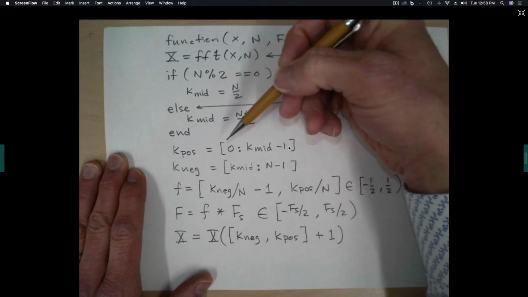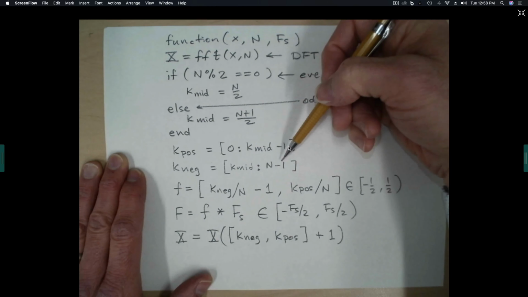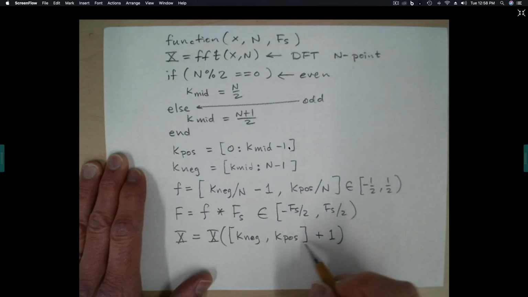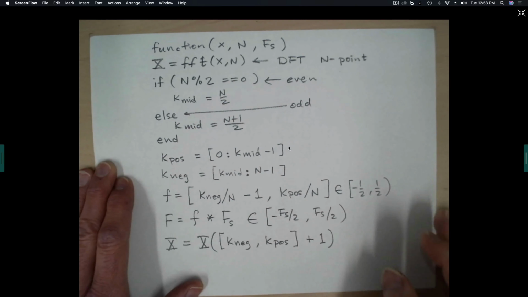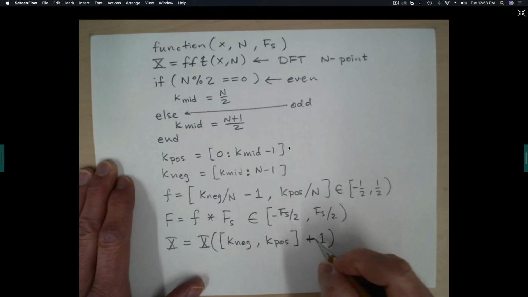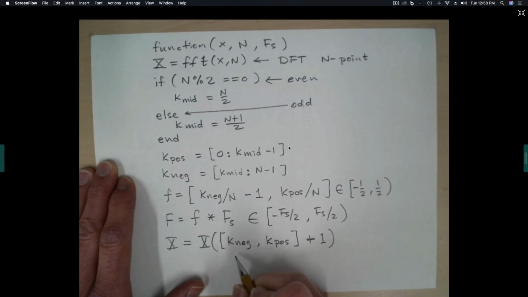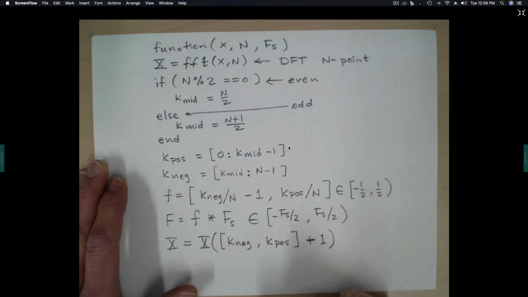Notice that k positive starts at index 0, and our bin indexes end at n-1. So we're just going to form this vector with the negative frequencies on the left, positive frequencies on the right, and we're going to just add 1 to that so that now MATLAB will be happy that we are using indexes between 1 and n instead of between 0 and n-1.